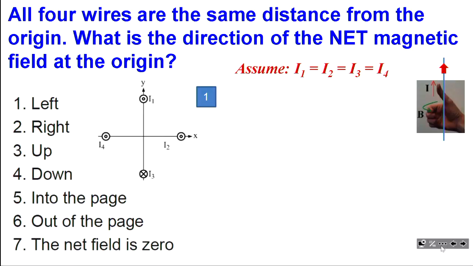Wire number 1. So electric current number 1 points out of the screen. The location where we are calculating magnetic field is right below it. So first, I want to draw a radius of that imaginary circle, which would represent the magnetic field line, because I know my magnetic field will be perpendicular to that radius. And perpendicular means, in this particular case, left or right.